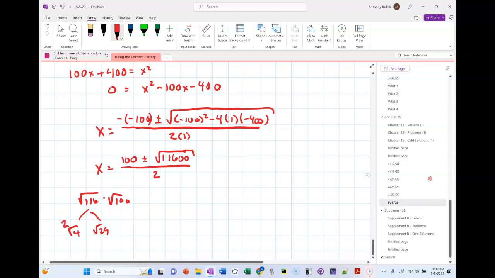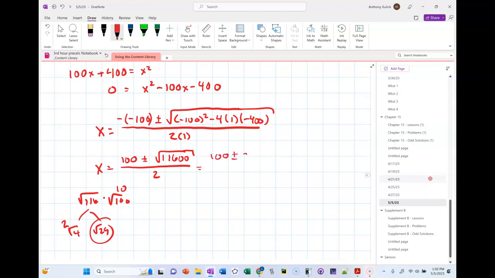So I'm going to have 2 times 10 times the square root of 29. And I don't really technically need to do this step. This is just going to make life a little easier for me. So when I reduce this, I'm going to get 50 plus 10 root 29, or 50 minus 10 root 29.